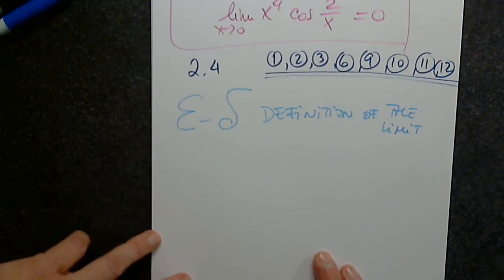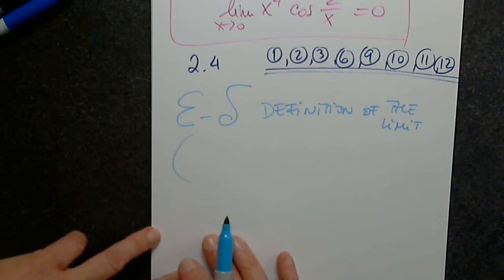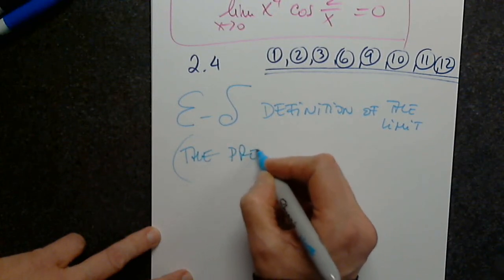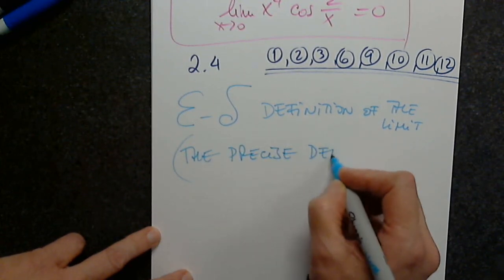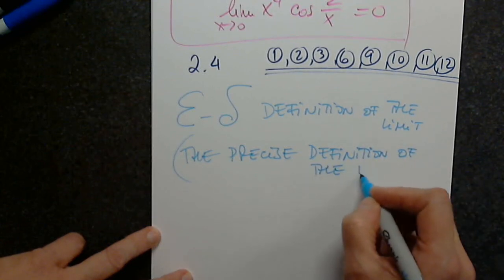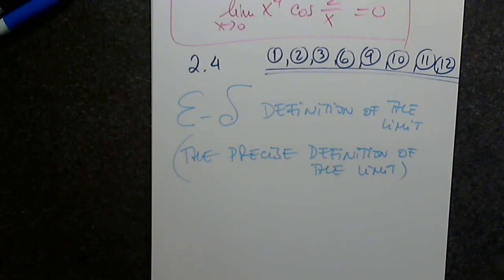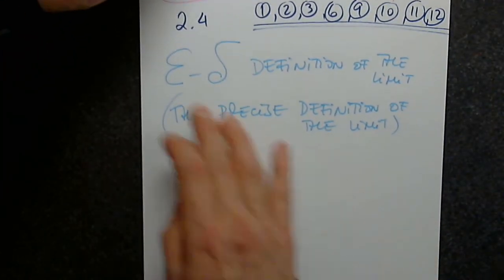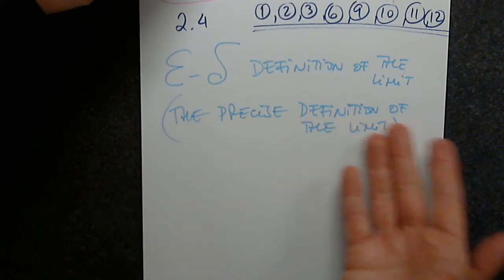The other is the precise definition of the limit. I prefer epsilon delta, but you can say it's the same thing. I'm going to show you the mechanism and what happens here, and then we are going to write the epsilon delta definition or the precise definition of the limit.